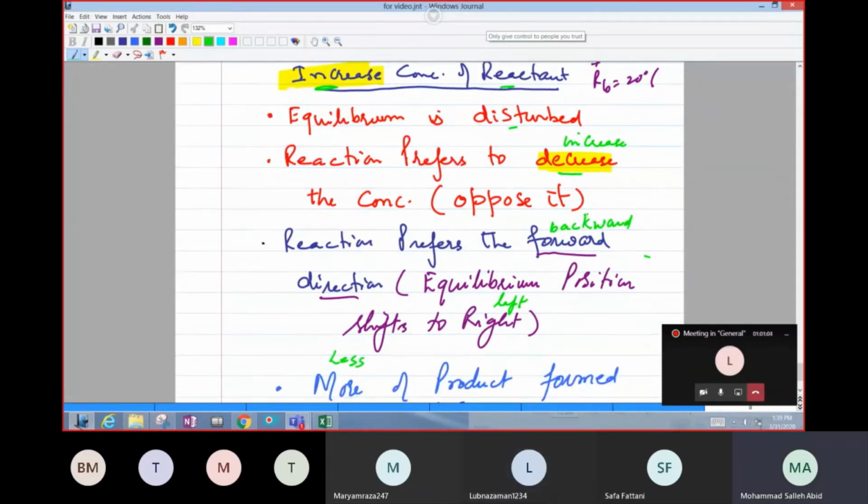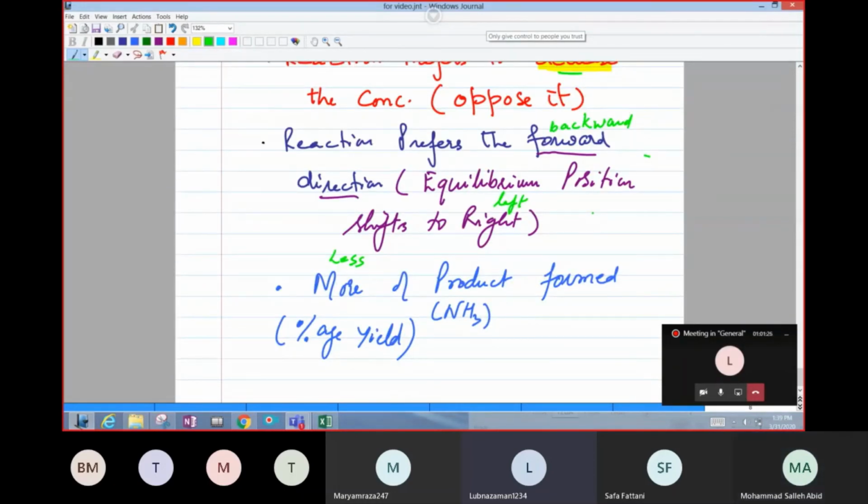How will it decrease? By using the reactants. So in which direction will the reactants be used up? When it converts into products. So that's why it is preferring the forward direction, or the better way to say it is the equilibrium position shifts to the right. So more product is formed. Yes, correct. That's the main point.